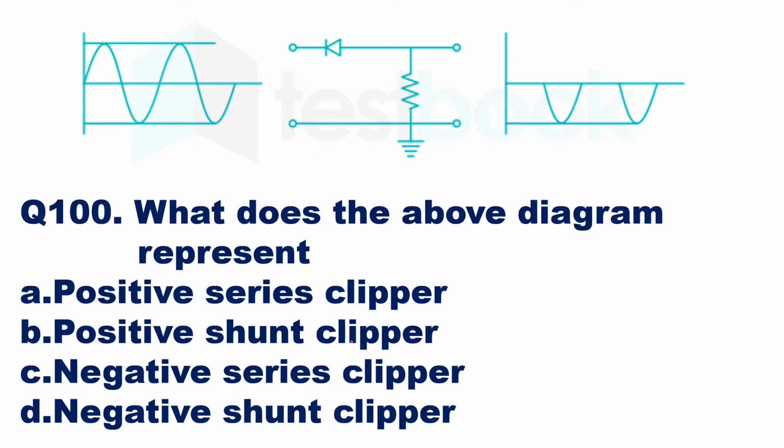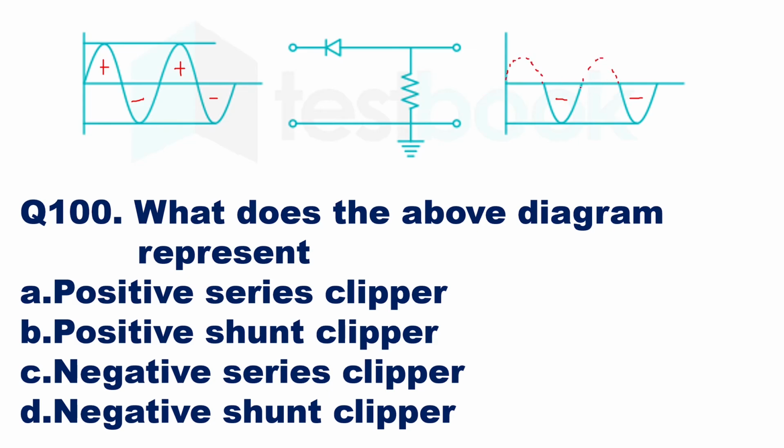Then we'll go to the next question, question number 100. What does the above diagram represent? If you see the above diagram, the input is shown as a complete cycle, positive and negative half cycles. Here you can see positive, negative, positive, negative. And in output, you are having only negative half cycles. So the positive cycles are clipped.